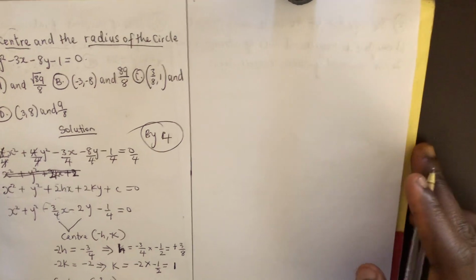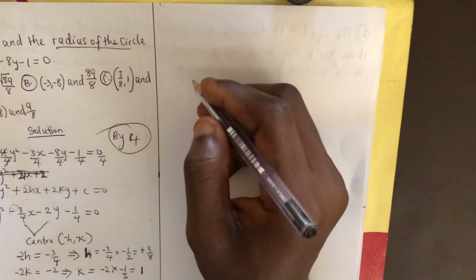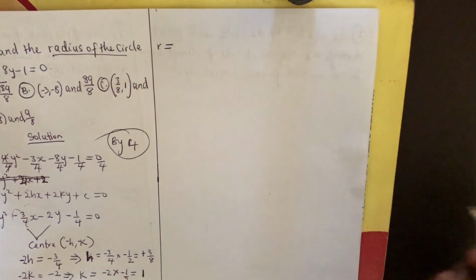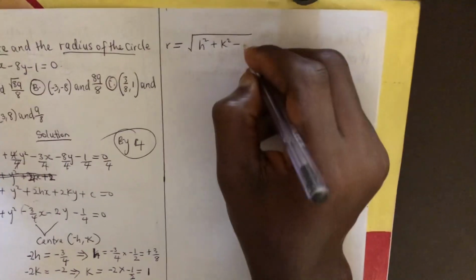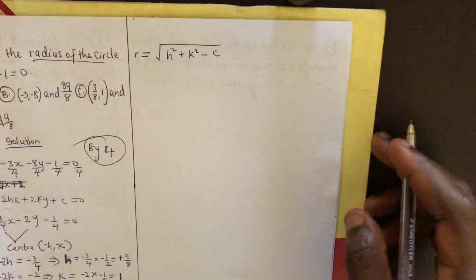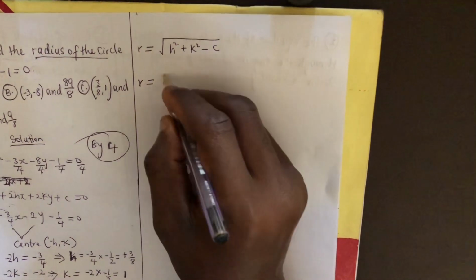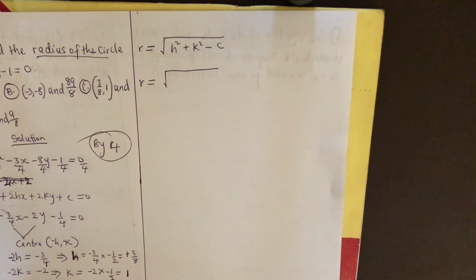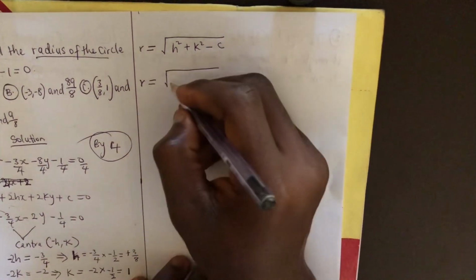Okay, so with that being said, let's move to the radius. So how do we find our radius? Radius is equal to the square root of, remember what I told you, h squared plus k squared, then minus c, right? So let's do that. Our radius is going to be the square root of, remember I found our k and h respectively. You can use minus k and minus h, it doesn't really matter.